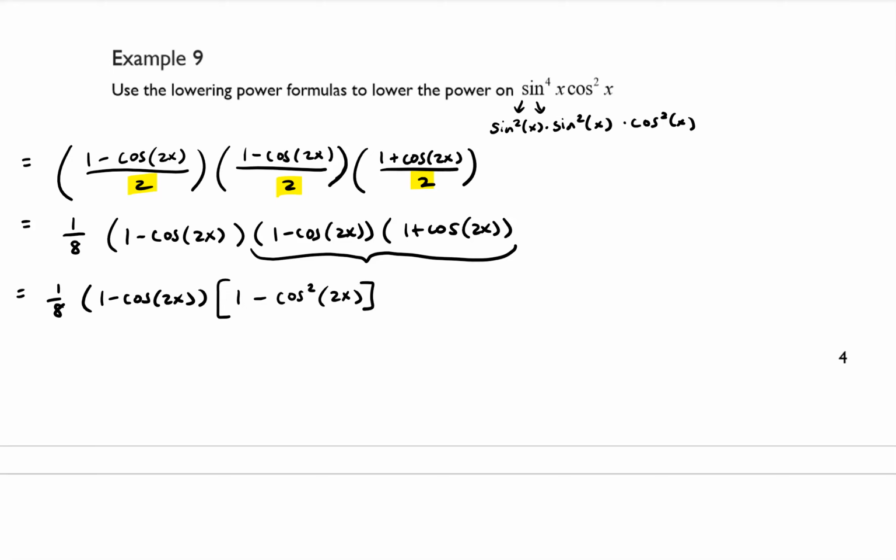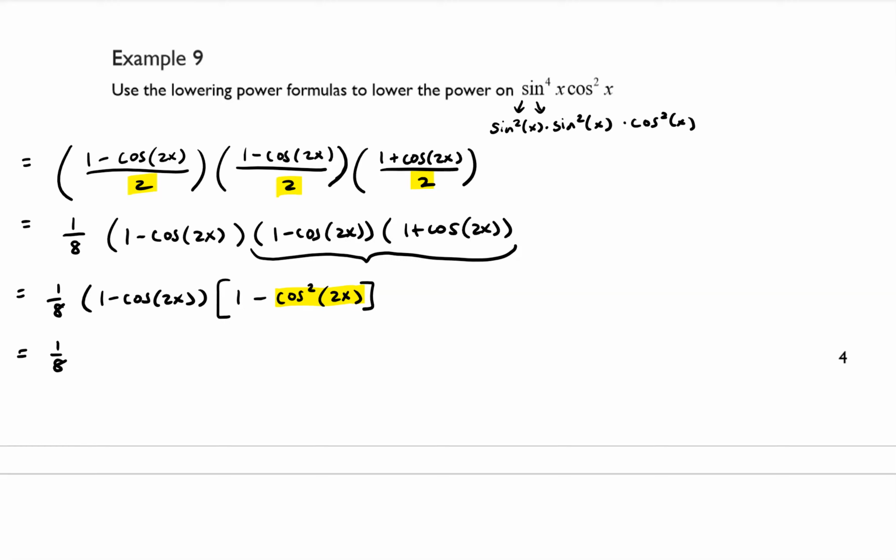And I can use the lowering power formula again on this thing. I do want to be careful though, because notice that the angle here is 2x instead of just x. So I want to be mindful of that.